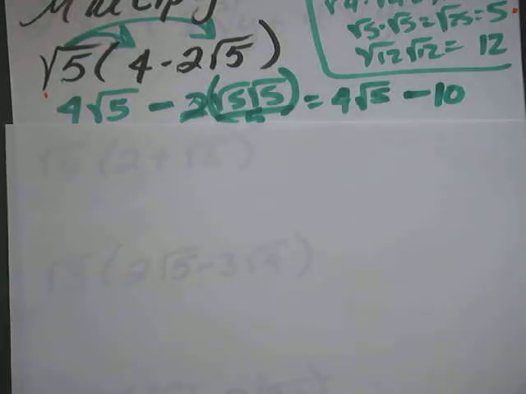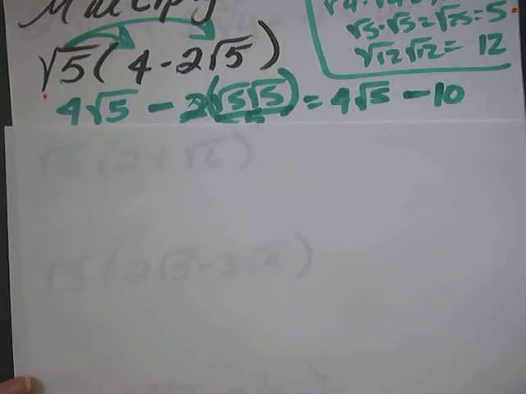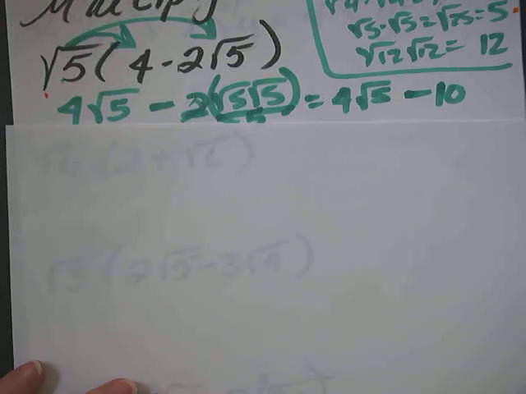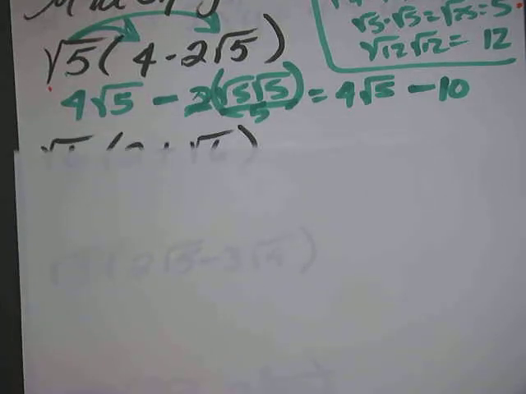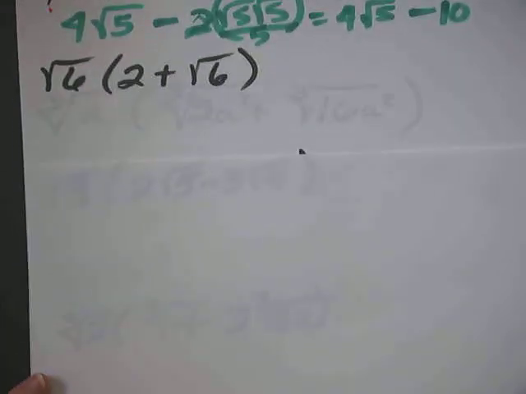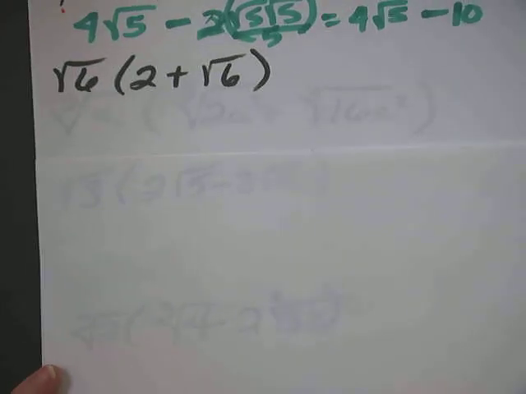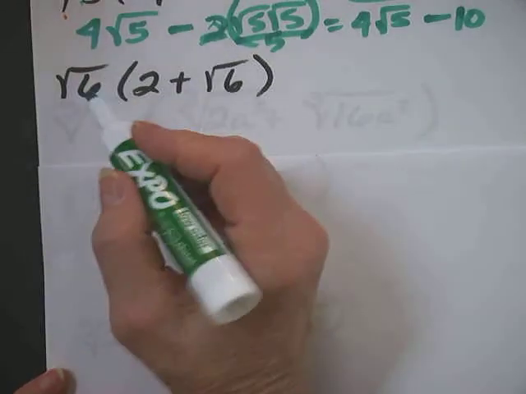So we have 4 square root of 5, that's 4 stuff. 4 square root of 5 minus, this part is 5. 2 times 5 is 10. Down where you see all of it at once. Okay? How's that?